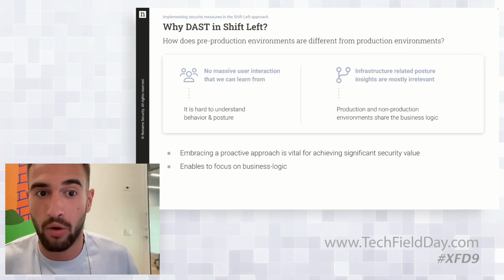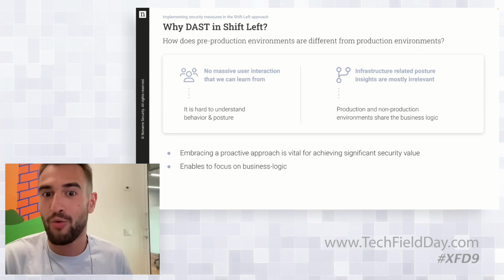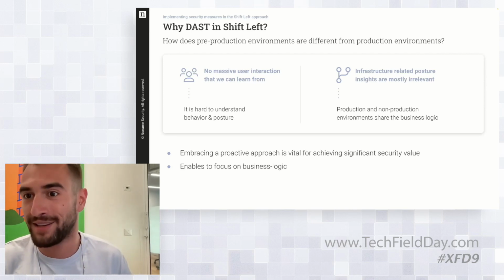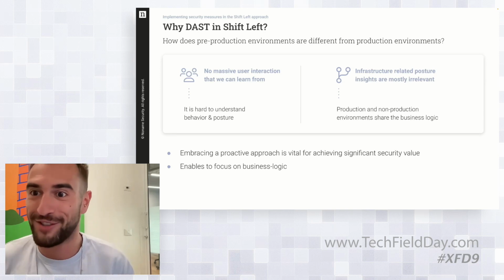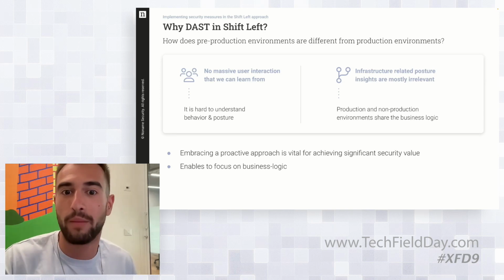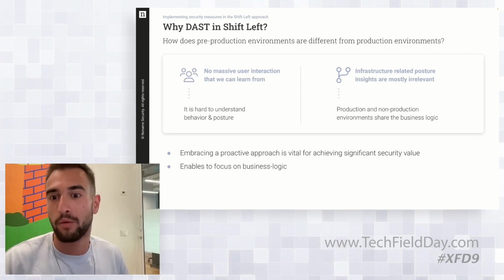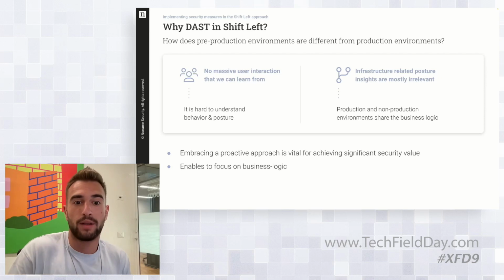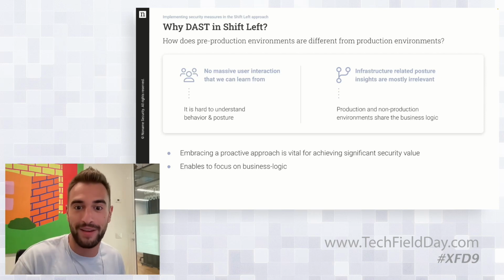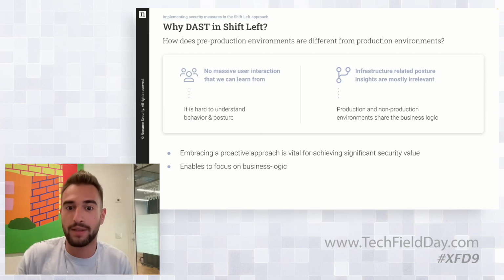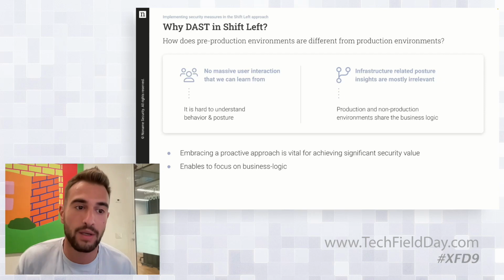First of all, in non-production environments there's no massive user interaction, which is being utilized in the core platform that Edgar just showed you. We can learn from this traffic about the behavior of the application and therefore provide relevant insights about your security posture. So a solution that captures traffic and tries to understand your security posture while identifying attack attempts is irrelevant for these kinds of non-production environments.